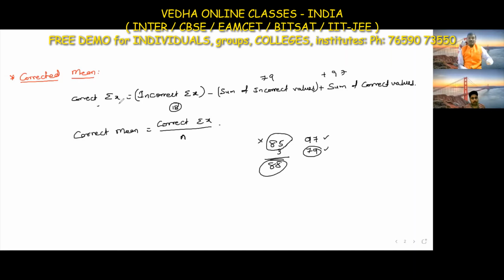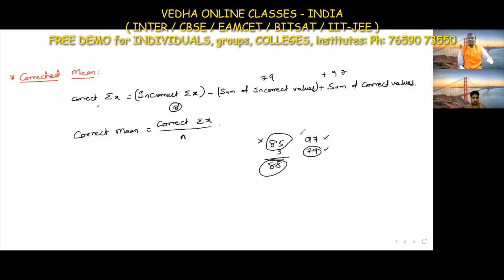Correct total is equal to incorrect sigma x, the incorrect total, minus the sum of incorrect values. Whatever value is incorrect, we have to subtract that, plus the sum of corrected values. Whatever the values are correct, add that. Then find the correct mean. Correct mean is equal to correct sigma x divided by n.